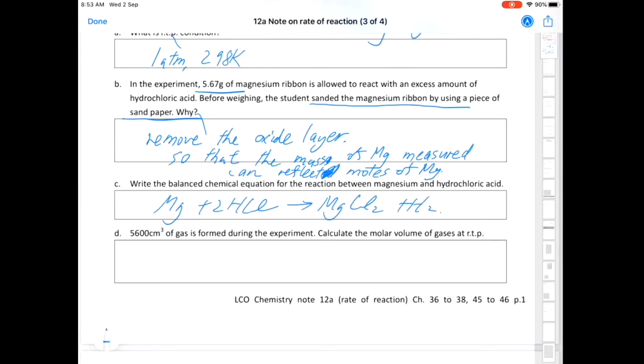And the equation looks like this. In this case, because hydrochloric acid is in excess, we do not need to consider its number of moles, just Mg. In case you forgot how to do the mole calculation, just write down all the numbers you get below the species. For Mg, you should apply mass divided by molar mass.